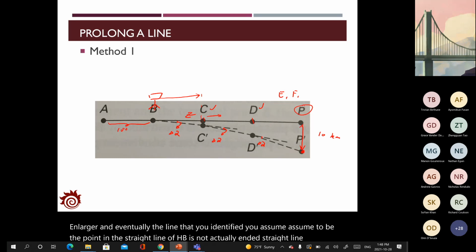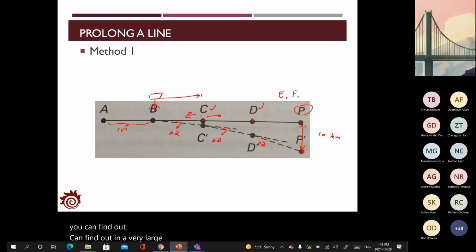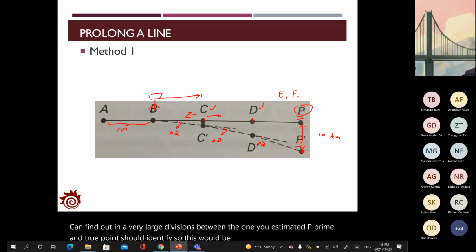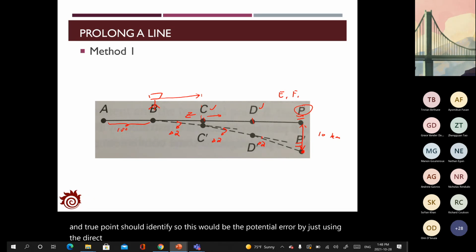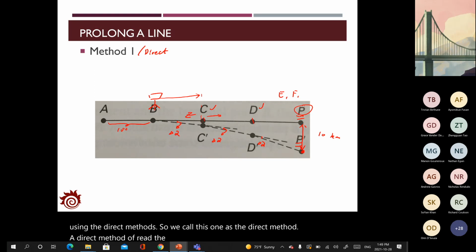You can find very large deviations between the P prime you estimated and the true point you should identify. So this would be the potential error of just using the direct method. We call this the direct method: finding one point in the straight line by only using one forward and one backward sight.